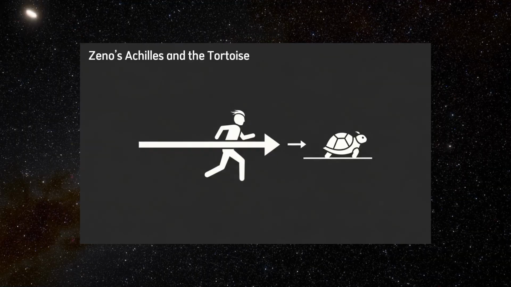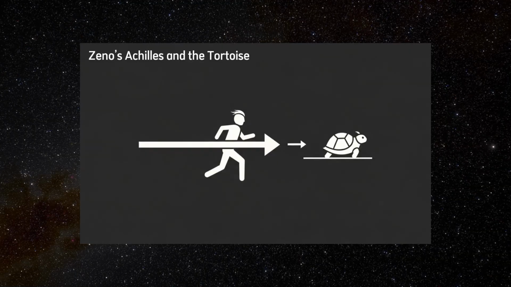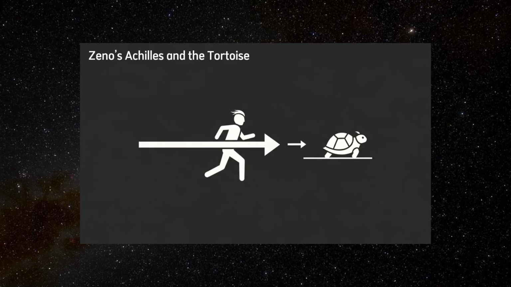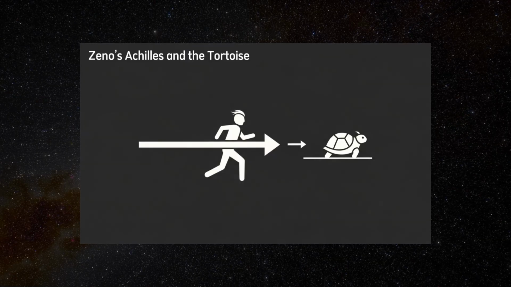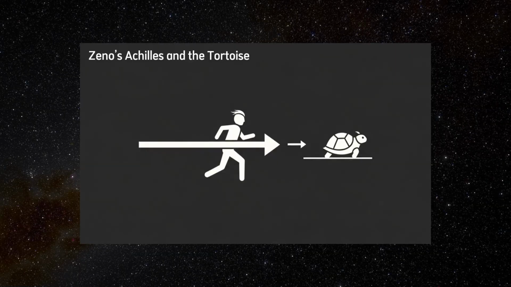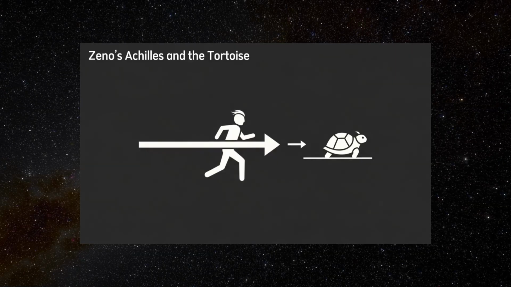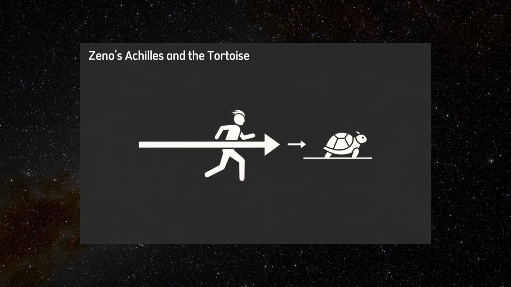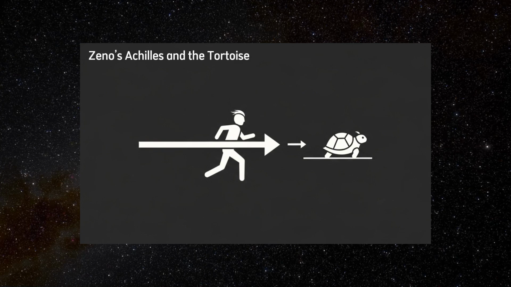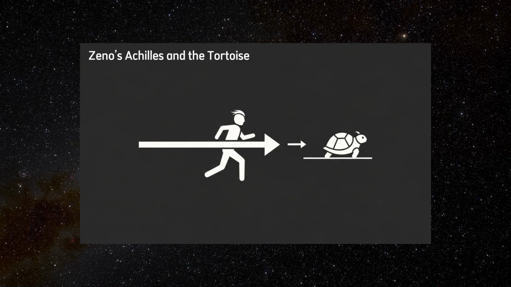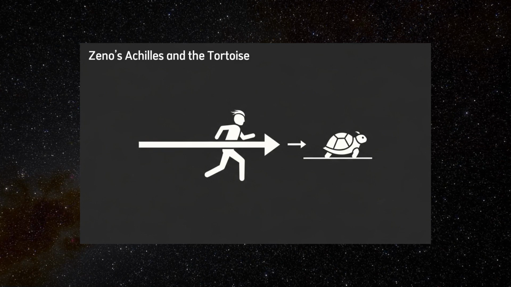Beyond its mathematical implications, the Achilles and the tortoise paradox also invites deeper philosophical reflection. It questions how we understand progress, causality, and the nature of space and time. It challenges us to think about whether space is composed of indivisible units or infinitely divisible, and whether time flows smoothly or in discrete moments.